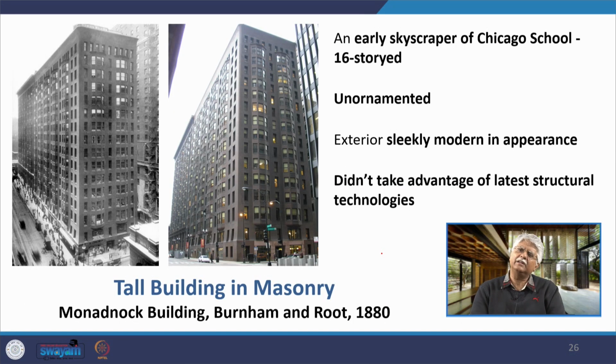One of the buildings that came up as a result of this return to load bearing construction was the Monadnock Building that turned out to be the tallest building built in load bearing masonry.